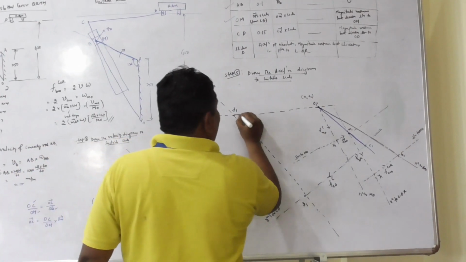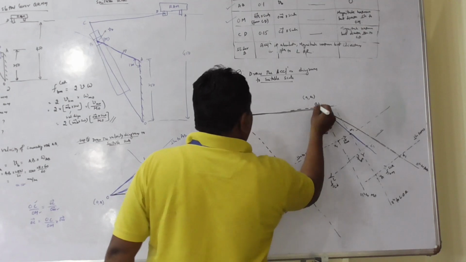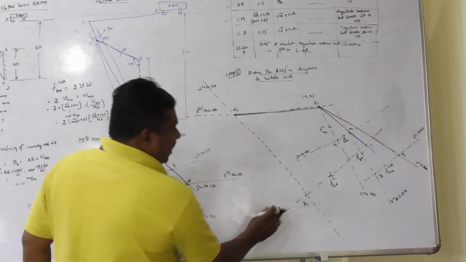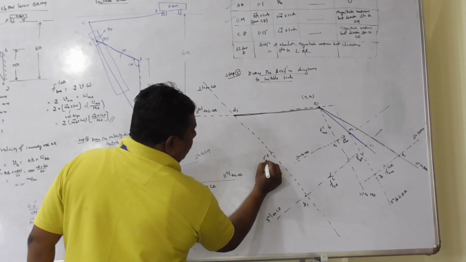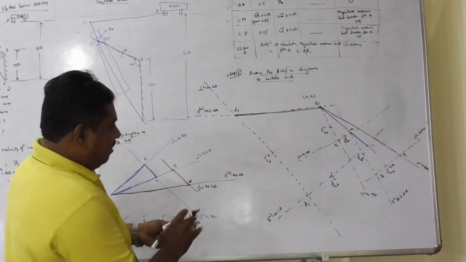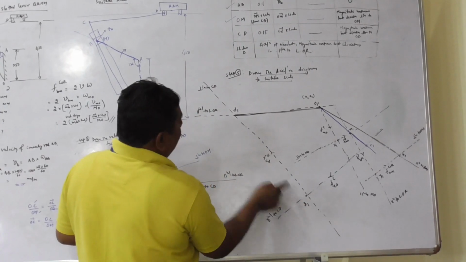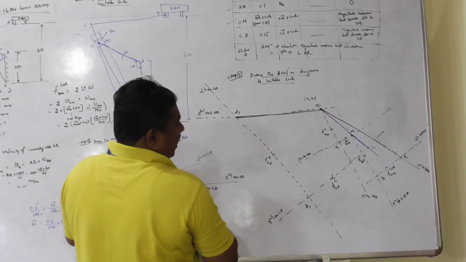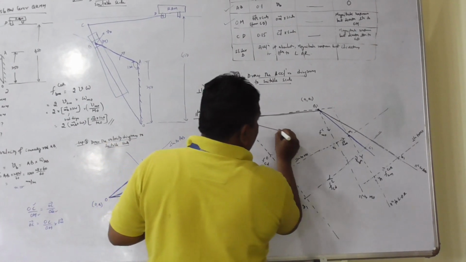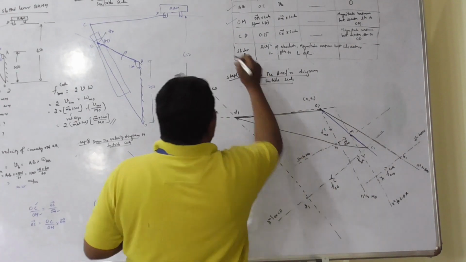Vector O1 D1 represents the acceleration of the slider. Vector Z1 D1 represents the tangential component of CD. Look at the figure. C1 Z1 centripetal component, Z1 D1 tangential component. The resultant will be the total acceleration of link CD.